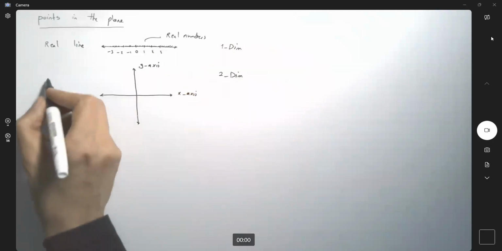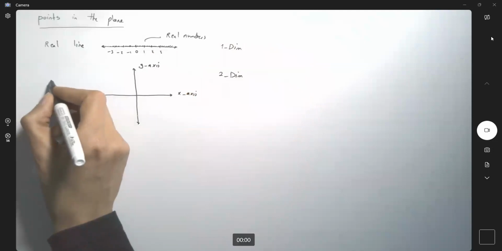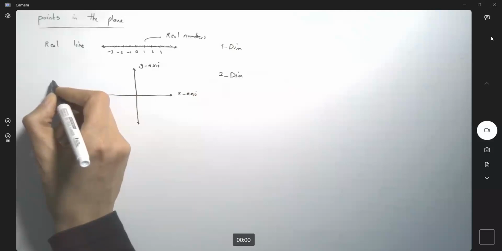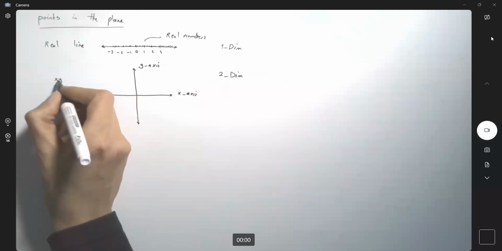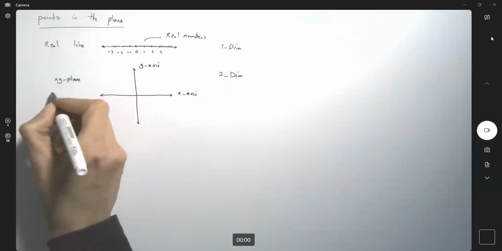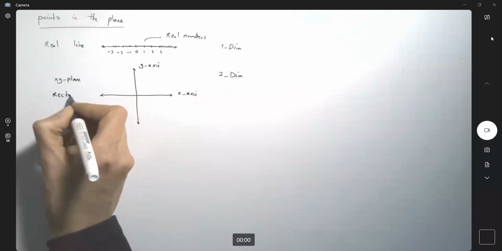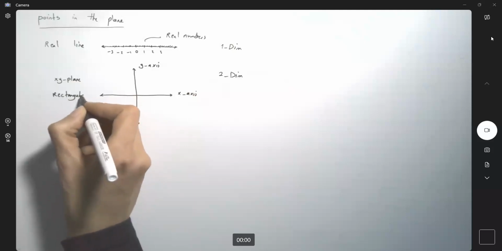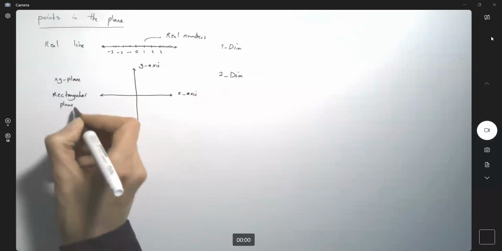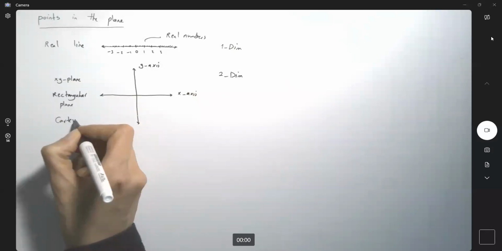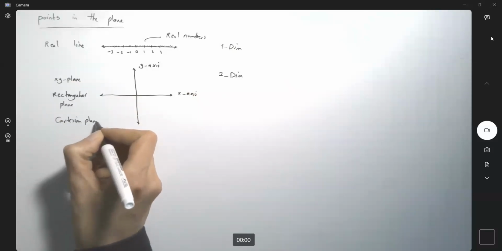We call this the Cartesian XY plane or rectangular plane.